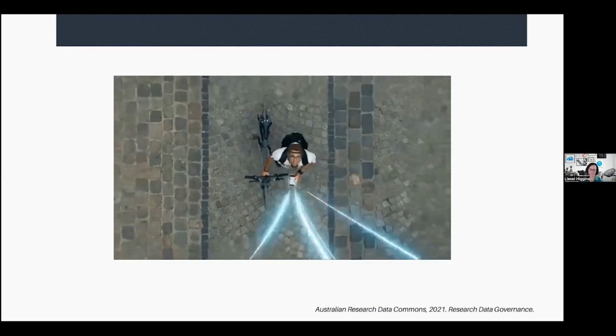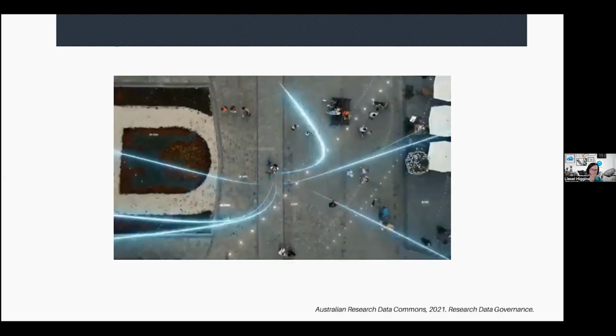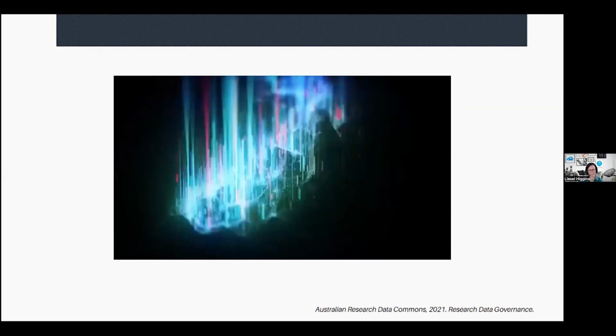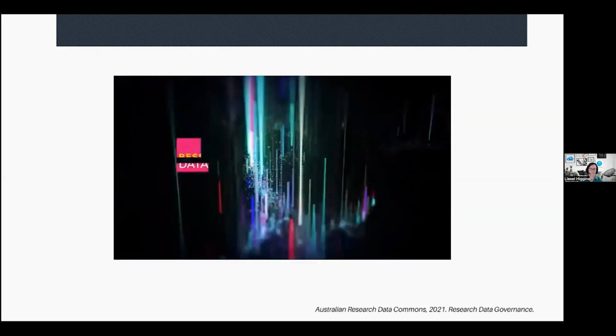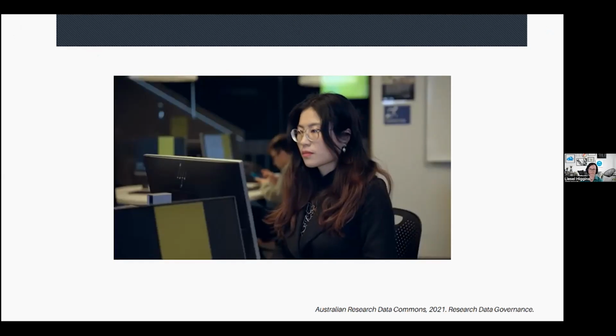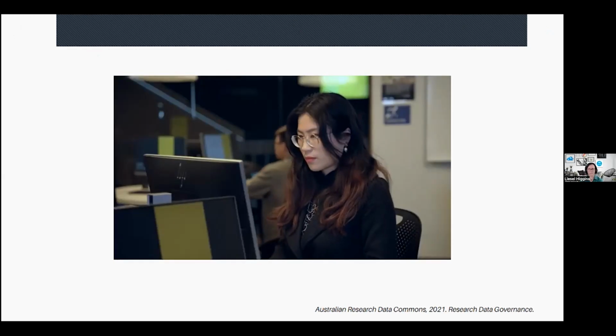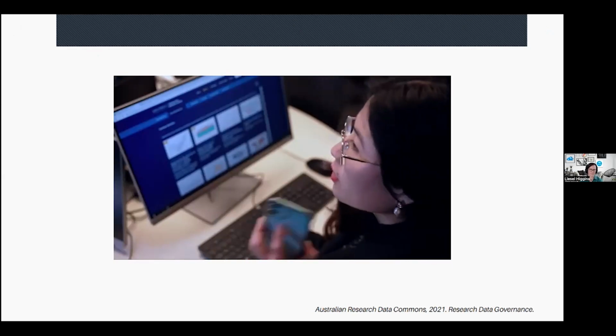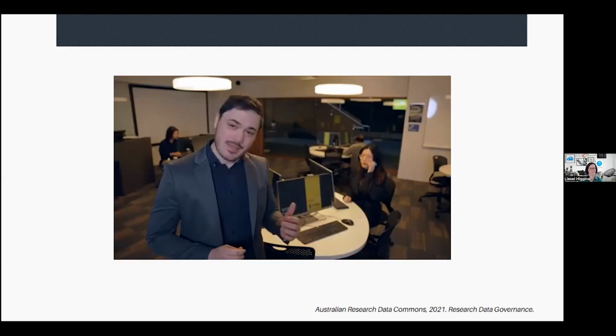But precious things need to be handled properly. And that's where data governance comes in. Meet Catherine. She's a medical researcher. Catherine has heard from a colleague about a data set that could really help her project. But there's a problem.